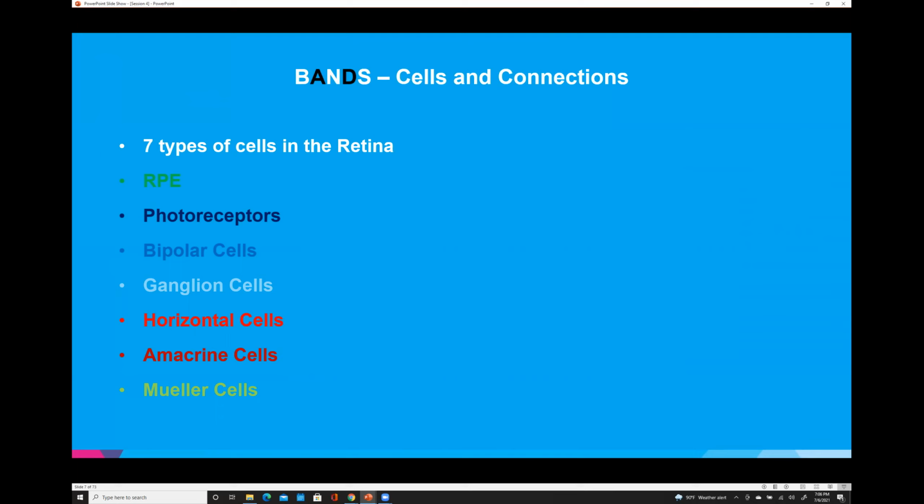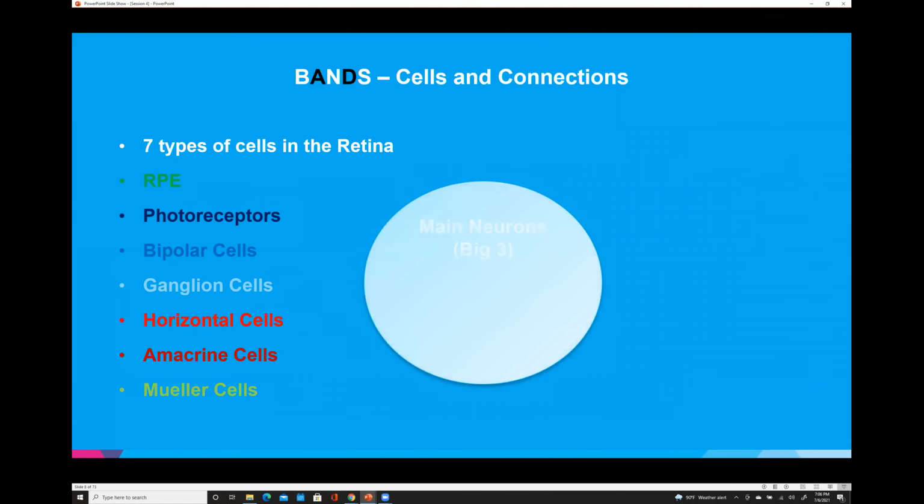It's just these. So let's come up with a framework to organize them in our heads. The first framework that I like to do is I call them the main neurons, or the big 3. I don't know if you ever watched sports, but any time there's a basketball team, they always call them the big 3. And it really started with the Chicago Bulls, where they had Michael Jordan and Scottie Pippen and Dennis Rodman.